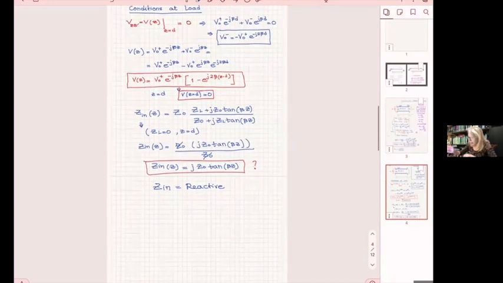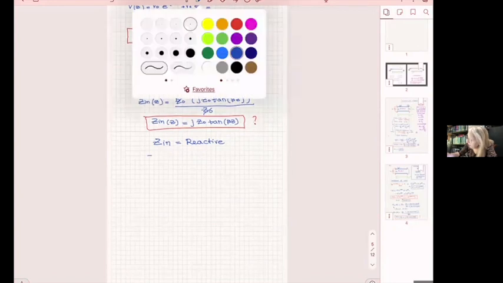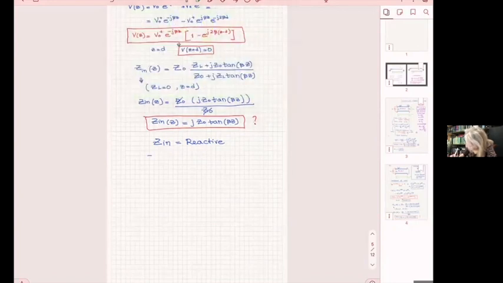Now, one more thing. From now on, and I will say it here, I will put it also with green. From now on, to simplify things, we are going to normalize impedances as long as we have the same characteristic impedance on the lines.